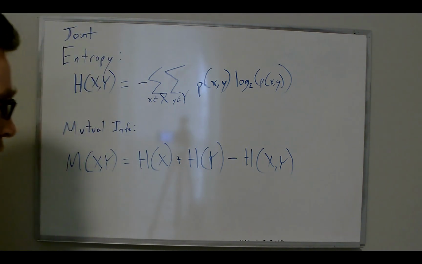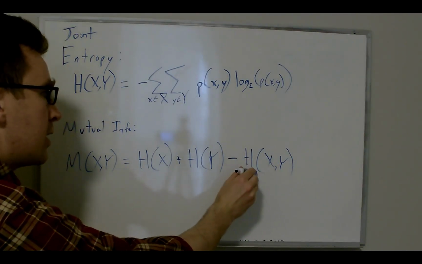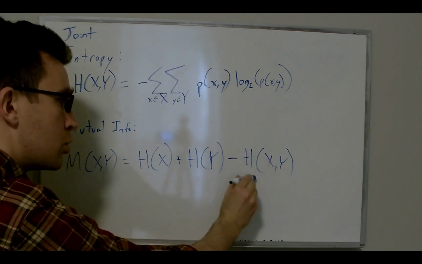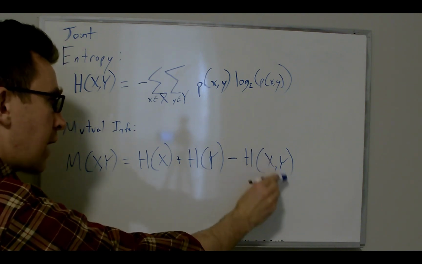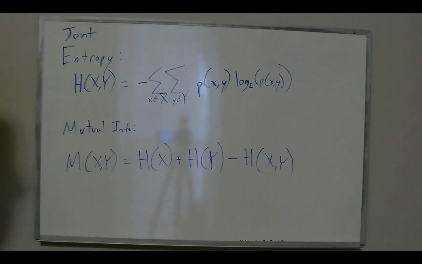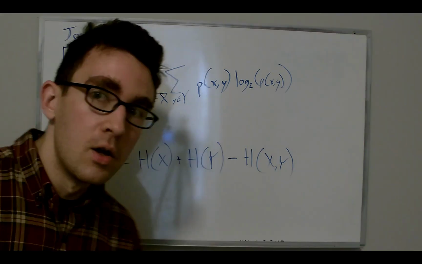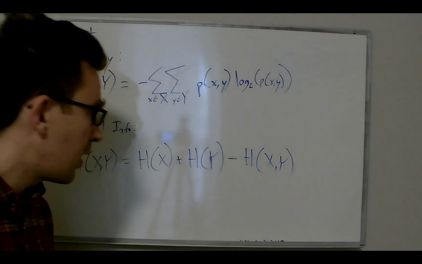So basically, if we see that H(X,Y), the joint entropy, is less than the two combined separate entropies, then we'll have some positive mutual information here. So hopefully you guys will follow me.